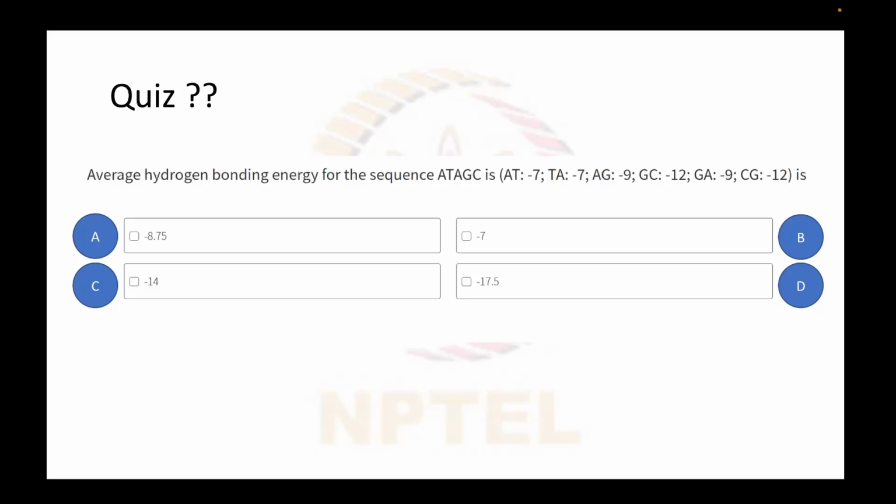Yeah, so here the hint is to consider the overlapping nucleotide segments from a given sequence, then find the sum of those values divided by the number of overlapping segments that you have observed.